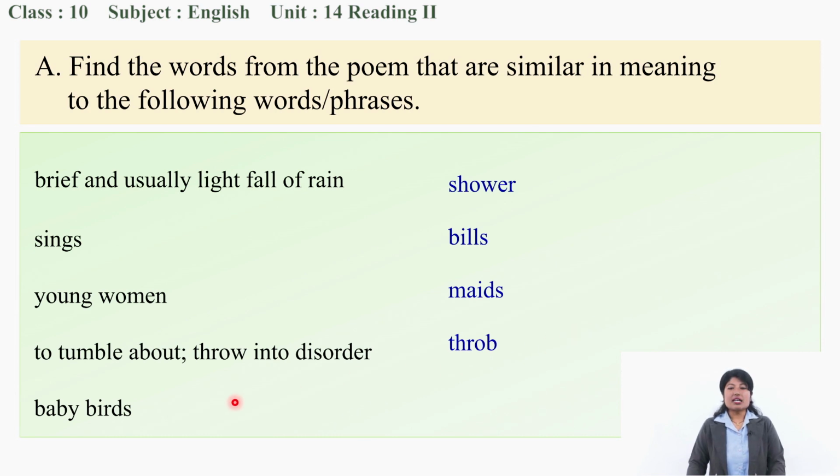Then coming to the next meaning, that is baby birds. Baby birds, they learn flying in spring season. So they are also called nestling. Yay, okay. Few meanings are still left.